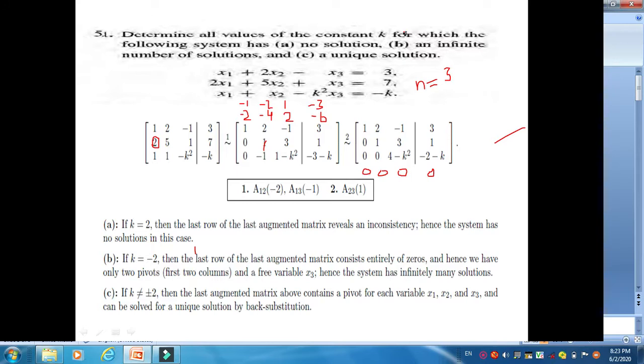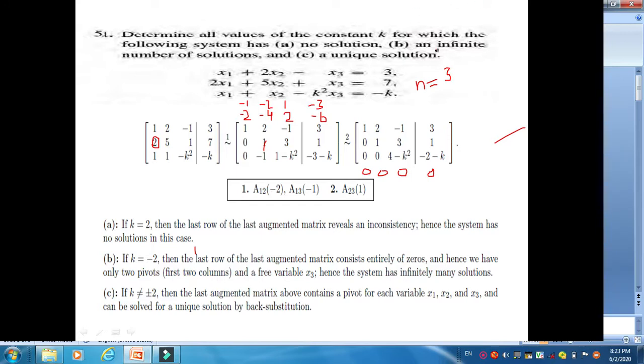In that lemma, it tells us that the rank of the coefficient matrix equals the rank of the augmented matrix equals the number of unknowns. So if we plug in all the values of k except minus 2 and plus 2, we will obtain a unique solution.